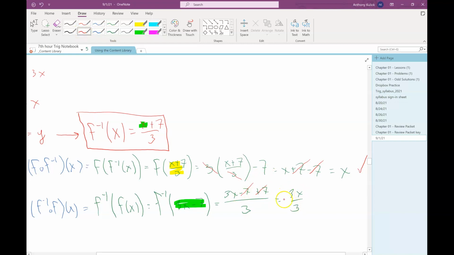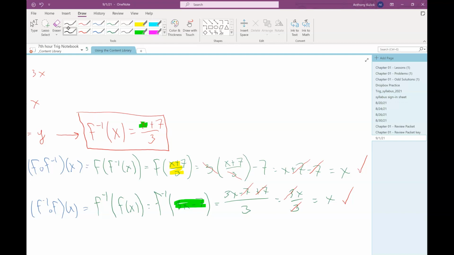And then 3x divided by 3, the times 3 and divide by 3 cancel. I'm again left with x, which is what I was supposed to get if this is correct. So I've checked and found that, yes, these two things are inverses. I did the procedure to find the inverse, and then I confirmed it by doing that process. Is everybody okay with that?